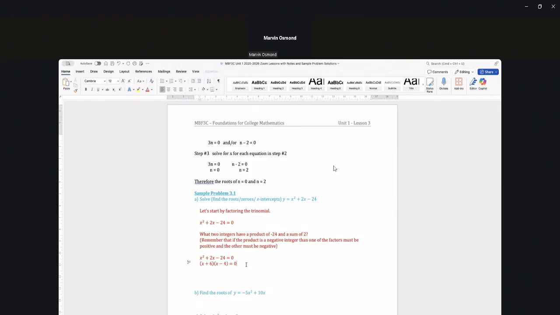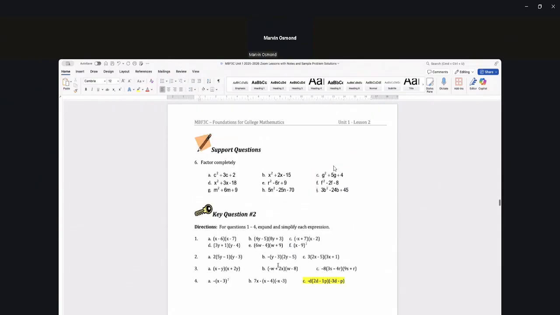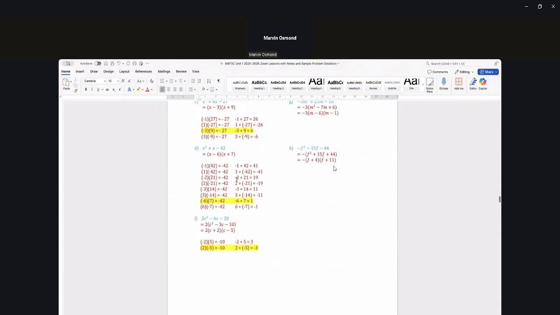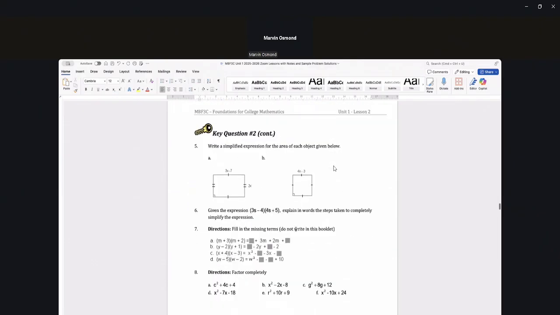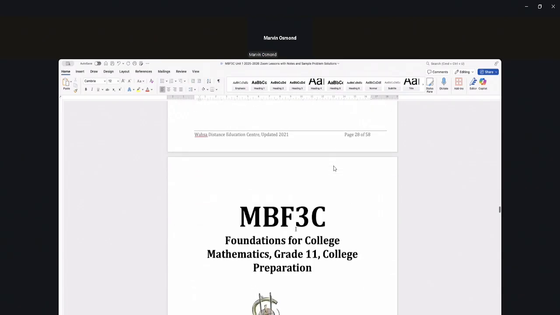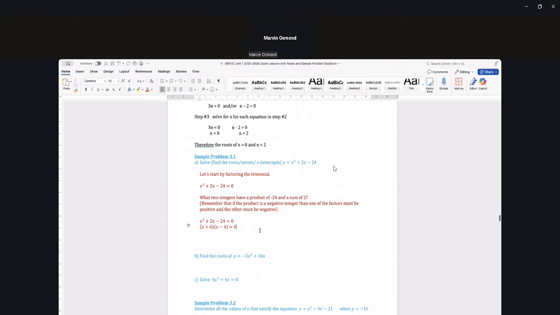Now, if you're not quite following what I'm doing, then go back and do them like this example here. List all of the factors, and then do all the multiplying, make sure you get them right, and then add the two integers together until you get the right one. But to speed things up a little bit so we're not spending too much time here, we're just going to do it this way.